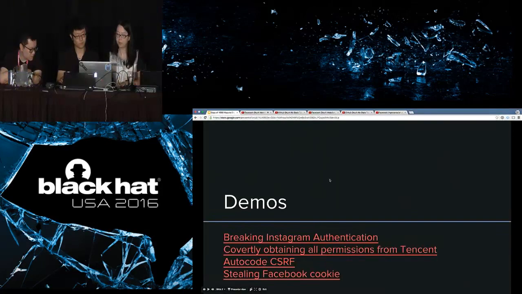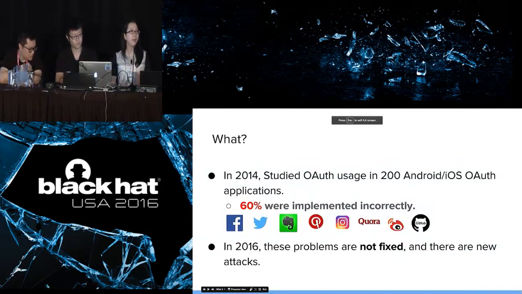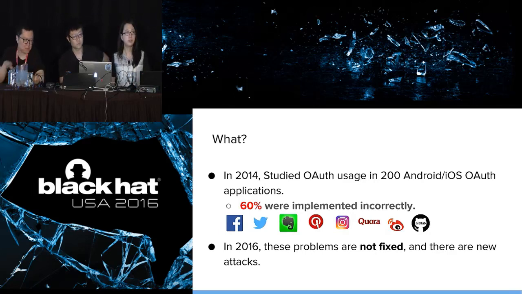These 4 demos are just the tip of the iceberg. In fact, the problem with OAuth is a very pervasive problem. In 2014, we started studying OAuth usage. We found that 60% of 200 Android and iOS OAuth applications are implemented incorrectly.